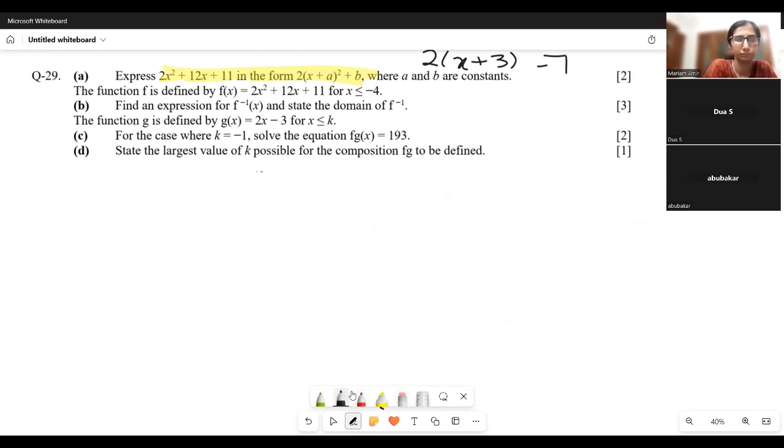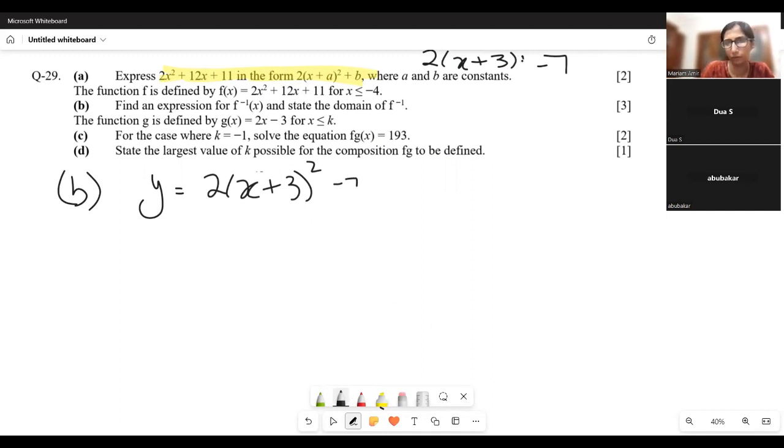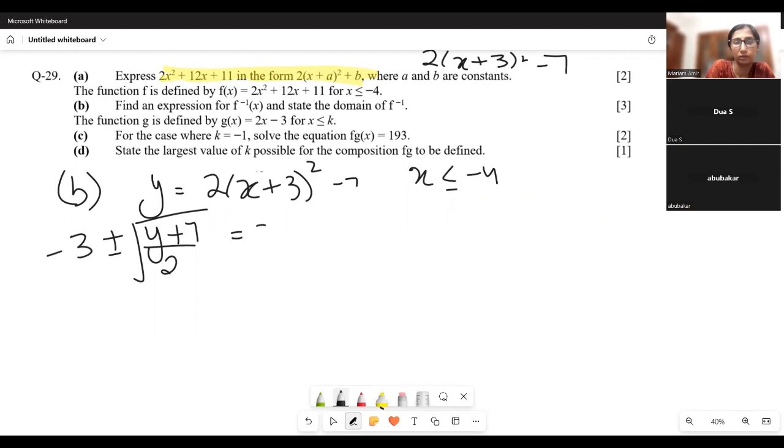Part B. Find the expression f inverse of x and state the domain of f inverse of x. Okay, you have it in completed square form already. Okay, so the domain is x is less than or equal to minus 4. We need that to determine the sign of the inverse function. So this is going to be y plus 7 divided by 2, square root, plus minus, and then 3 goes to the other side, becomes minus 3.